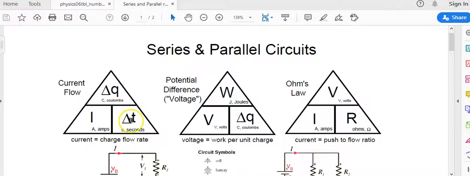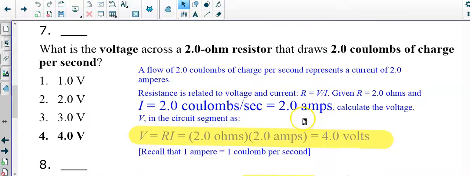I equals Q divided by T. You have 2 coulombs of charge in so much time, and it turns out to be 2 coulombs of charge per second. That's 2 amps. So we just use the voltage triangle, and we get V equals I times R. We get 2 amps times 2 ohms, which is 4 volts.